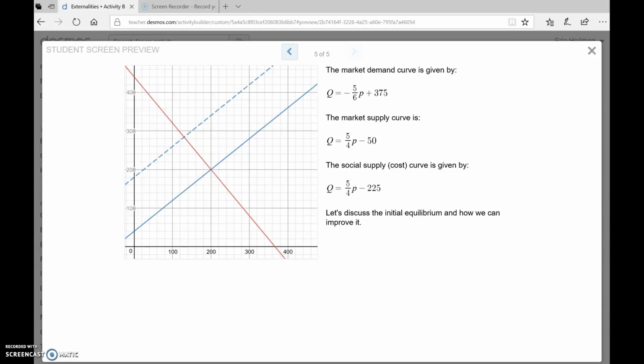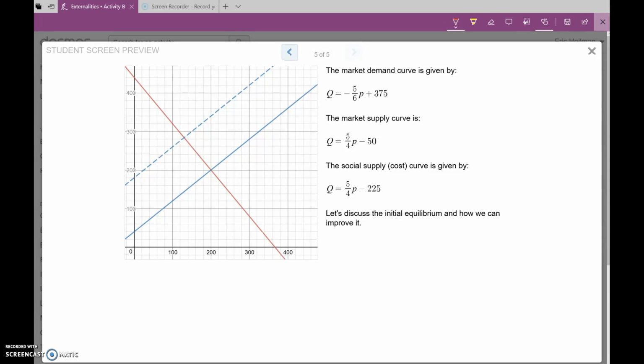This is how we model a negative externality. So this could be an example of a factory that's making pollution. Here, the firm's cost curve is this blue line. But the social cost curve is even higher. It's however much the actual factory or producer cost is plus the extra cost of pollution.